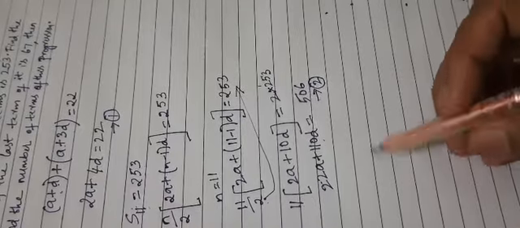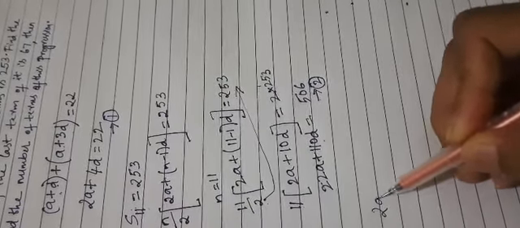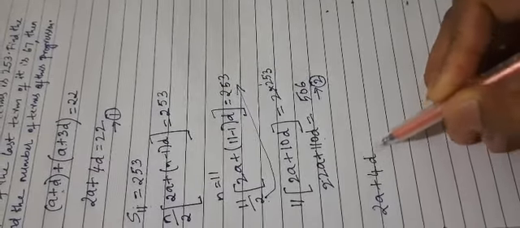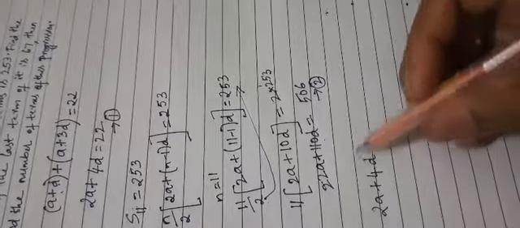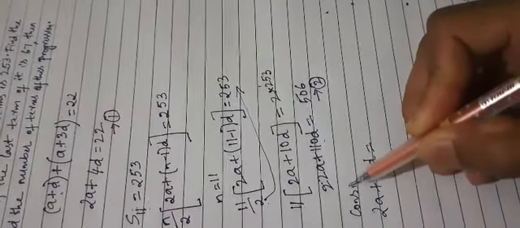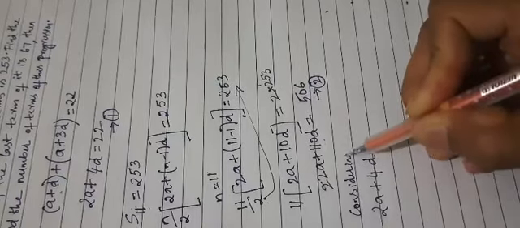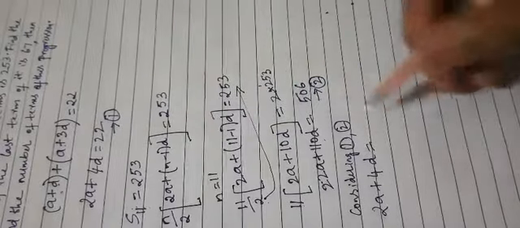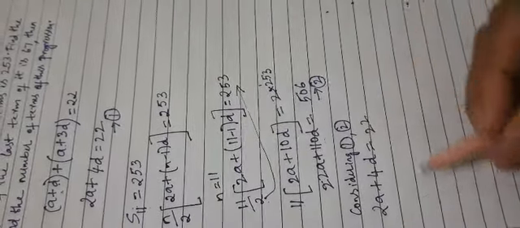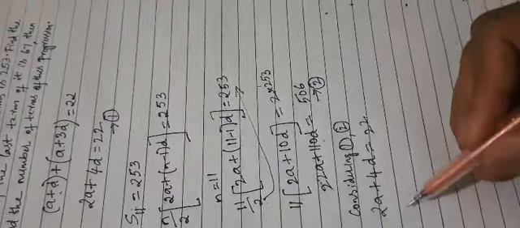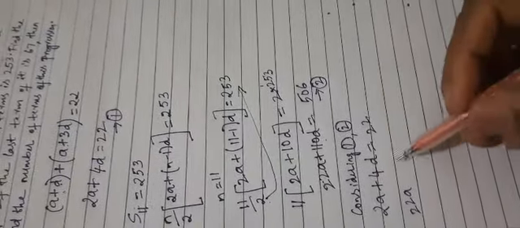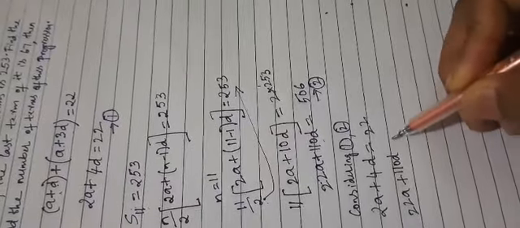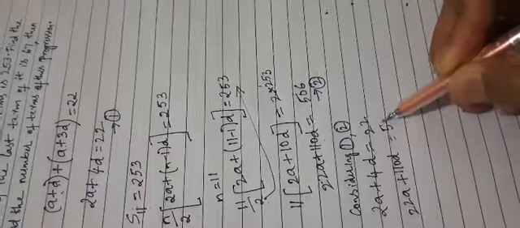First equation is 2a plus 4d equals 22. Next, second equation is 22a plus 110d is equal to 506.